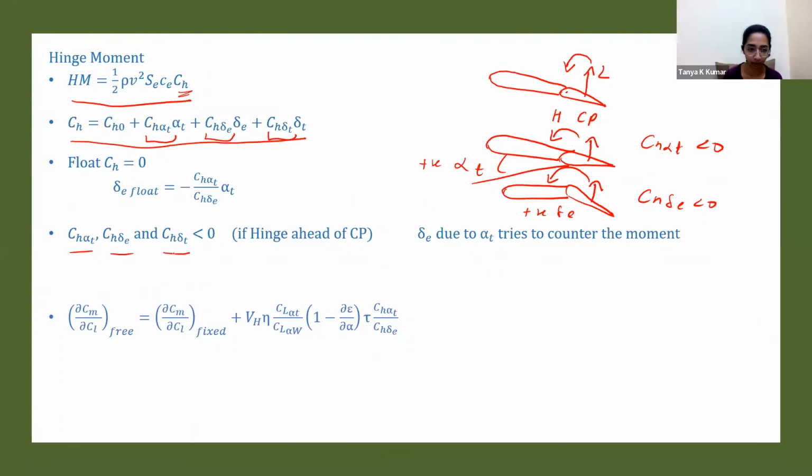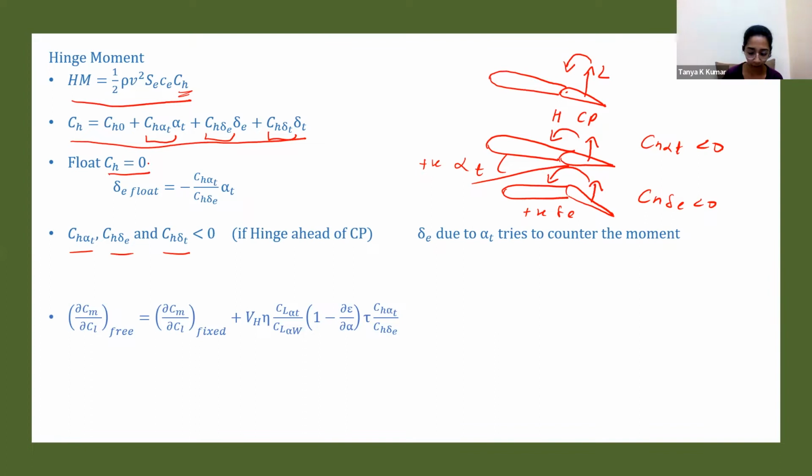Now we come to the float condition. The float condition is where your elevator is left to float free when the stick is not fixed. At what angle will your elevator float in such a condition? When it's floating freely, it will rest when the hinge moment is 0. So we take CH equal to 0.